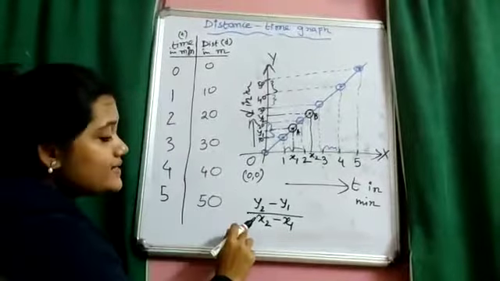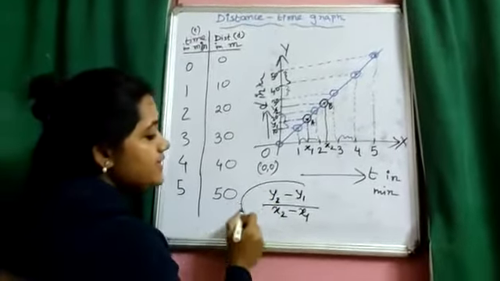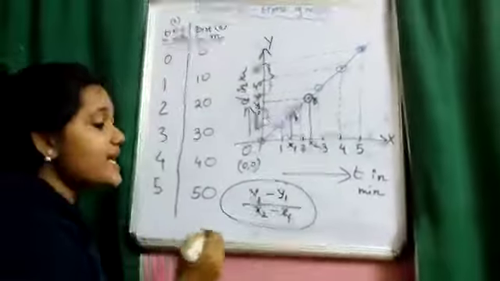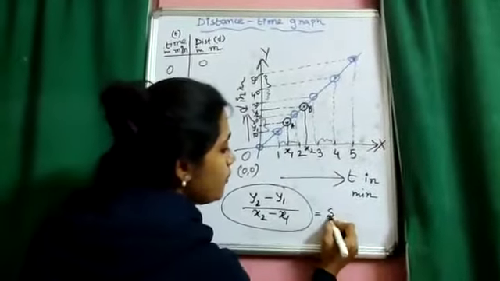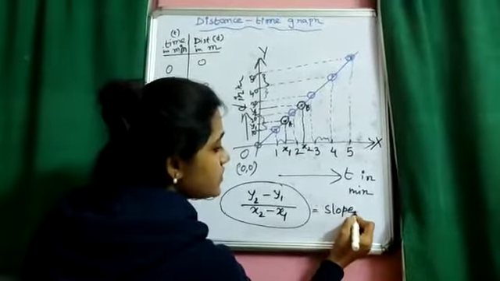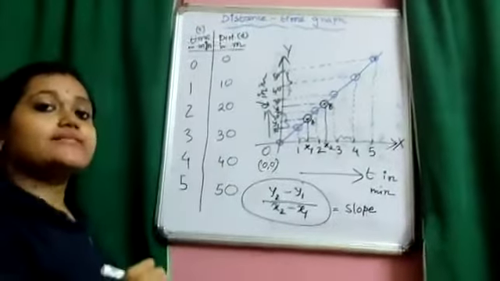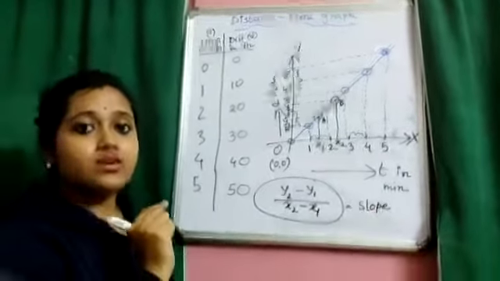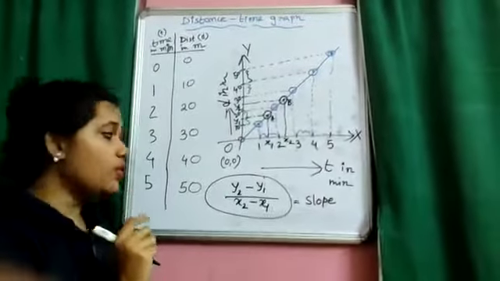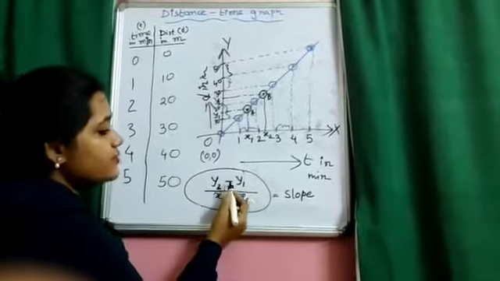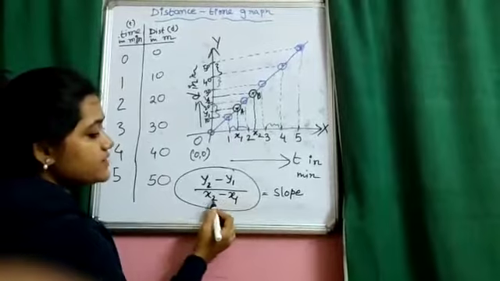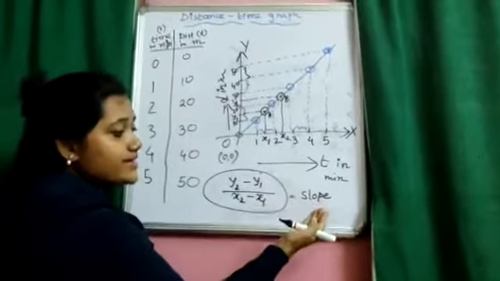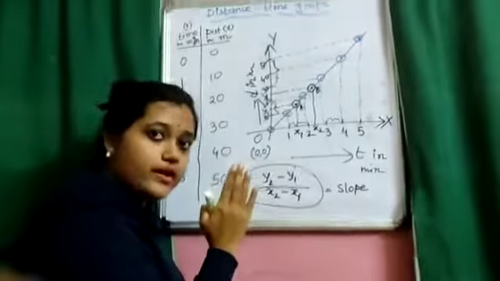Okay, and this one is called the slope. That y2 minus y1 divided by x2 minus x1 is called the slope for a graph.